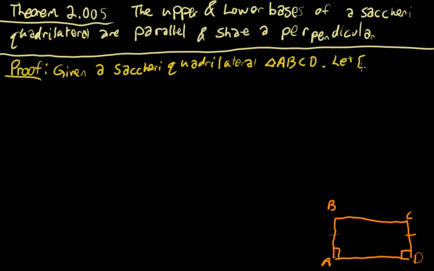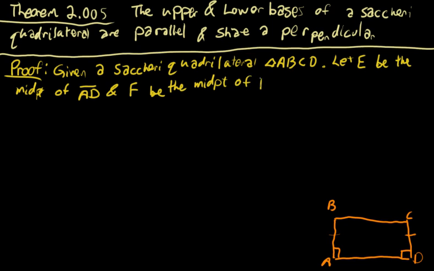We'll let E be the midpoint of AD and F be the midpoint of BC. So it was F up top here and E down here.